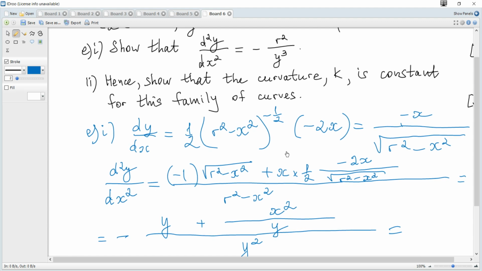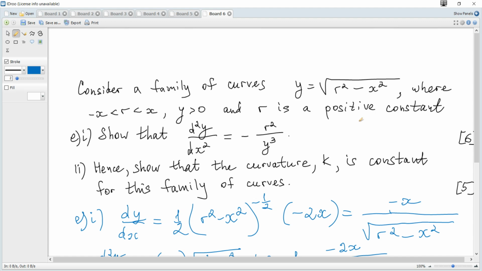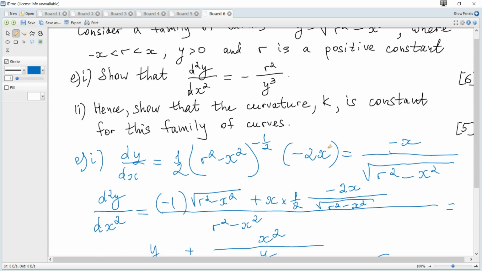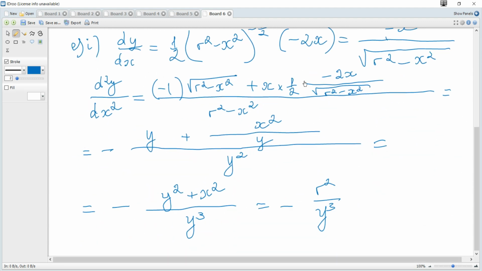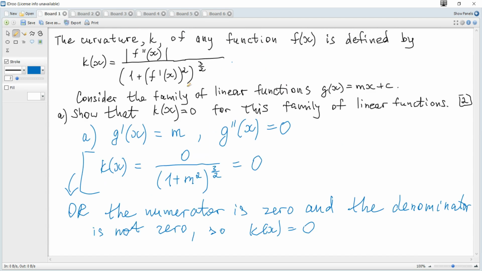Hence, this shows that the curvature k is constant for this family of curves. Constant means we should get an expression in terms of r only. So let's consider k of x. And what is curvature? It's this expression.